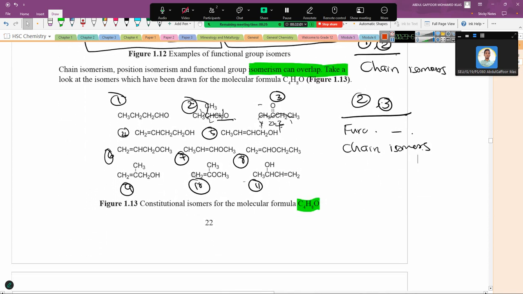Now can you compare the 5th and 11th? You can have a lot of combinations, right? So let's compare 5 and 11. Your carbon chain is 1, 2, 3, 4, and on this one you have 1, 2, 3, 4. So it's the same carbon chain and the same functional group.